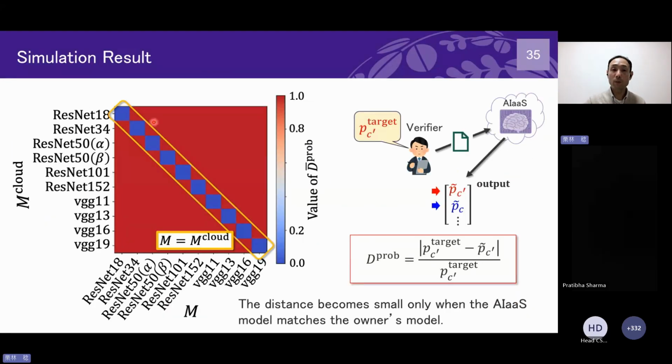So only when the owner's model and the cloud service model are the same does the distance become smaller. As a result, this shows that in the case of model verification, the owner can convince the verifier.